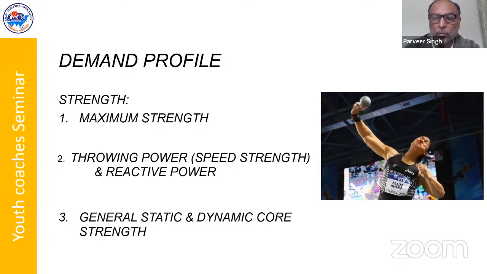So why do we need to develop maximum strength? Why can't we only develop speed strength? This is the question. We need explosive strength, but to develop it we have to develop maximum strength also, because maximum strength is the base for the development of explosive strength.